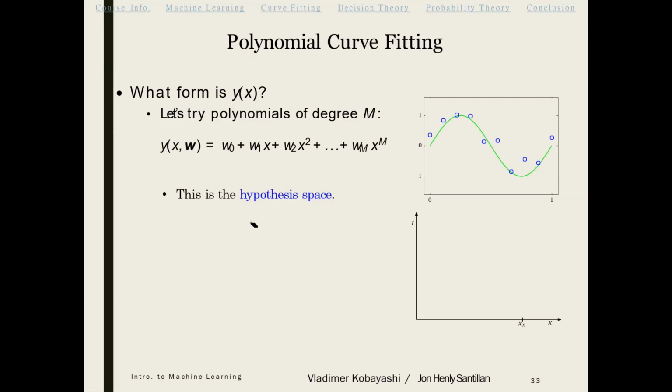This is what we call our hypothesis space. So if we define a model, a certain type of model, that's what we call the hypothesis space. So the hypothesis space is all polynomials of degree n. And what is the specific polynomial of degree n? That is what we need to estimate or to learn from our data. Here.